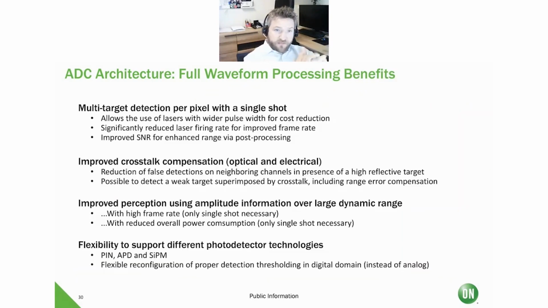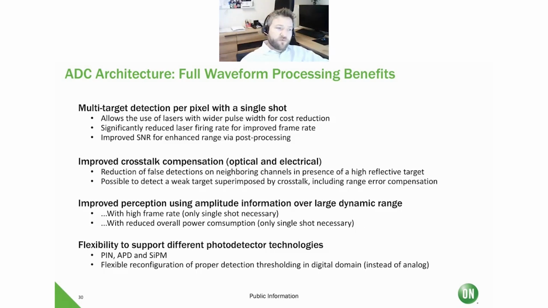Summarized, the benefits of full waveform processing and the ADC architecture are that, compared to the TDC architecture, it allows us with only one single shot to get multiple detections per trace, which also dramatically reduces the overall power consumption because fewer laser shots for detection are necessary.